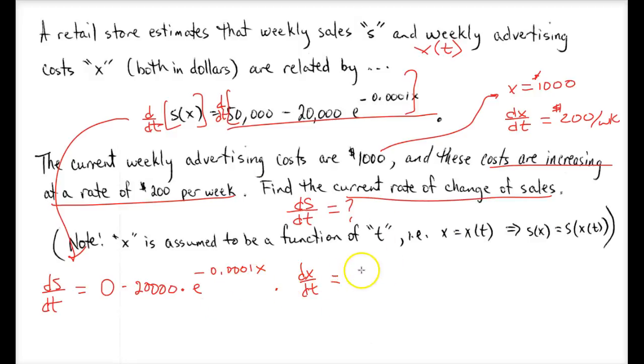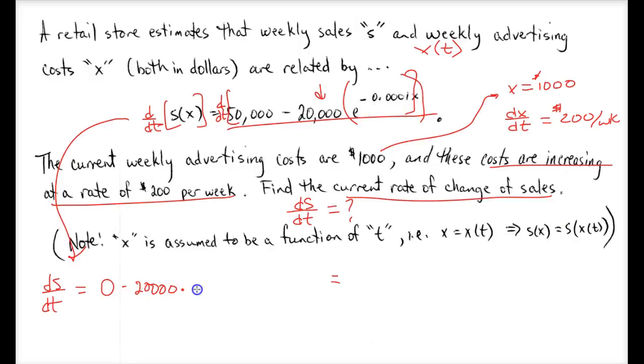Oh, sorry, I forgot. Before I do that, let me start this over. So we have to do 20,000 here times, we need to do the chain rule here.